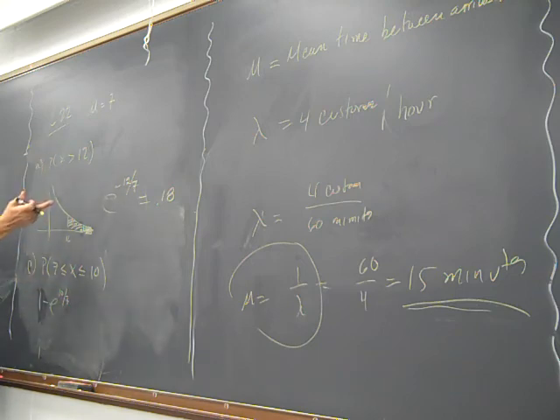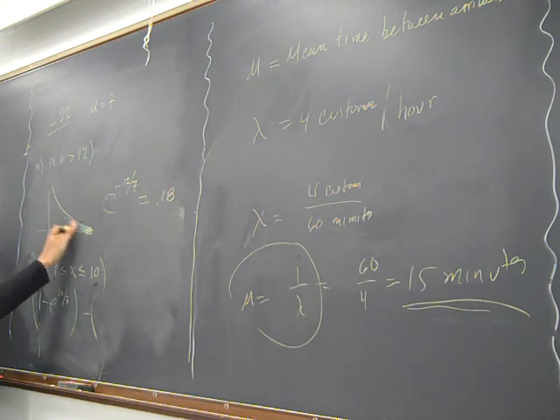Remember, the 7 is the mu, and you have to go first with the highest number, minus the lowest number. So in this one, we have to know the probability from 7 to 10.